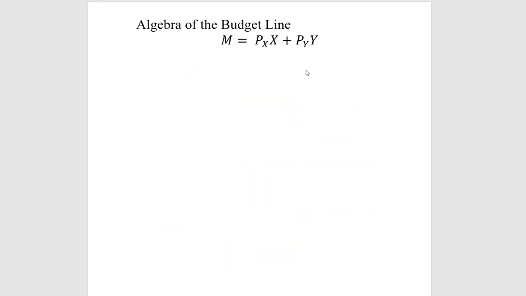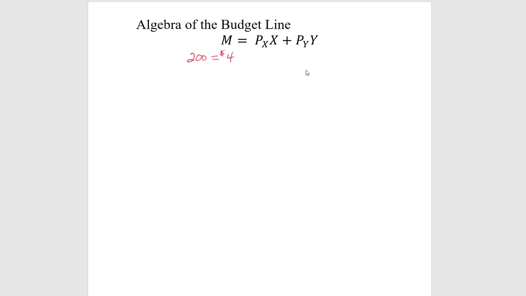I want to do just a little bit of algebra with this budget line to show you an easy way for us to rearrange this and get a couple of pieces of information out of this. So I want to convert this m equals pxx plus pyy into a y equals mx plus b format. I'm going to do that initially with our example, but then we'll go back and look at this in generic form.